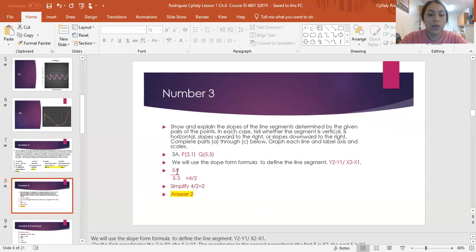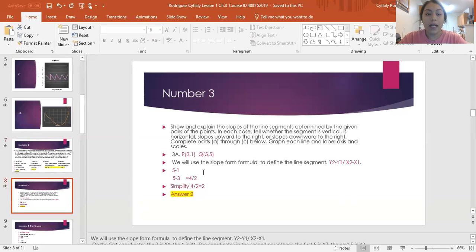So we follow this formula right here, and so x2 is going to be 5, this 5 right here, minus x1, which is right here, coordinates P, divided by 5 minus 3, which is x2, this first 5 on the Q coordinates, and then x1, which is 3.